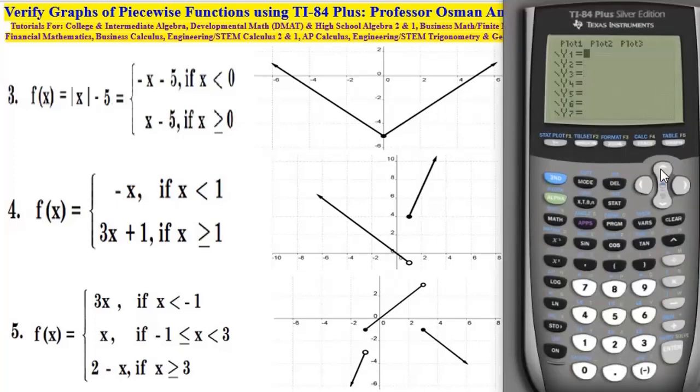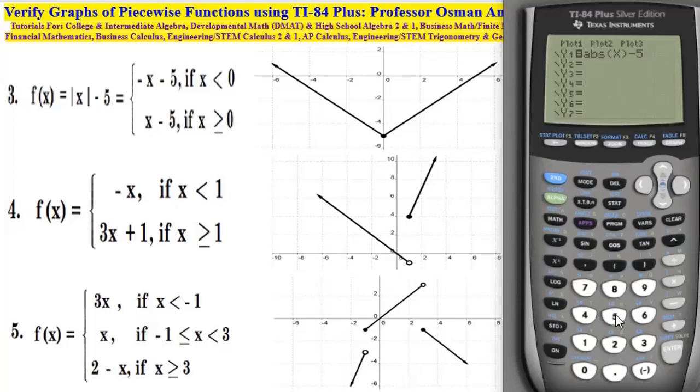First, you can graph this by going to math, number, absolute value, calling the absolute value function of x minus 5.